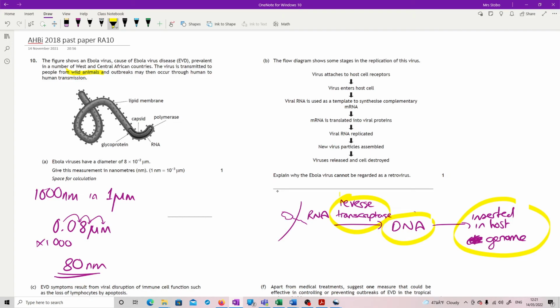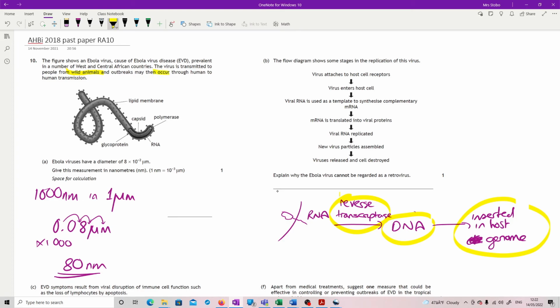So you try and prevent contact of people with wild animals, and that could either be by reducing contact, so barricading effectively. Education would be useful to mean that people are not having contact with them. Or you could say that you start treating animals, so preventing that being an issue for anyone who comes into contact with them.